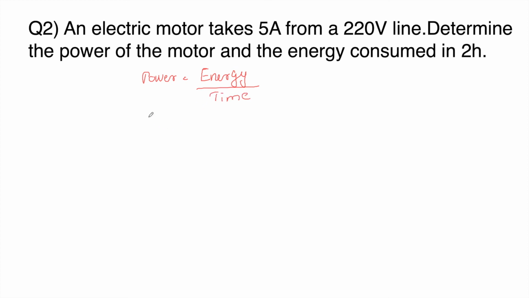And what is the formula for power? Power is equal to the product of voltage and current, V into I. So 5 into 220. So this is the power, 1100. And what is the unit for power? It is watt.